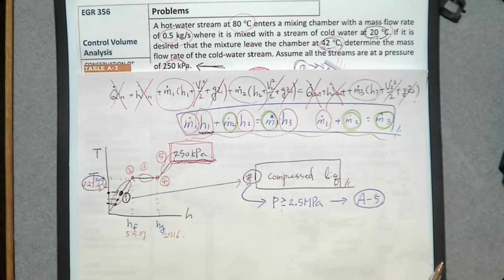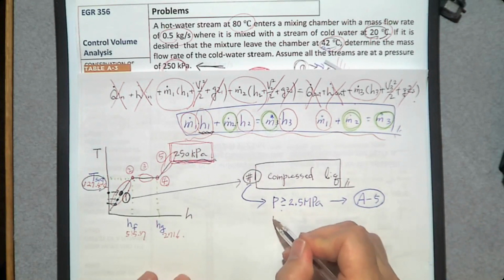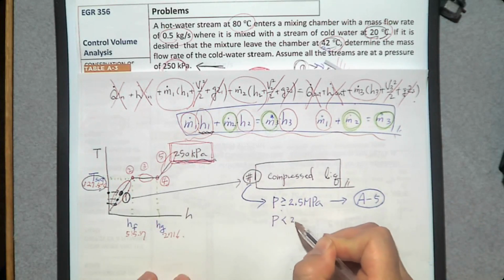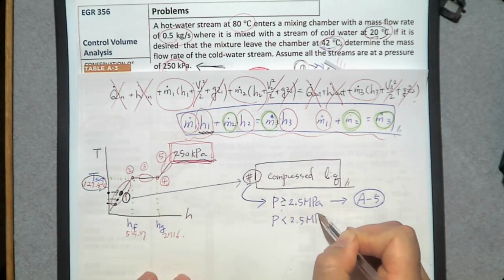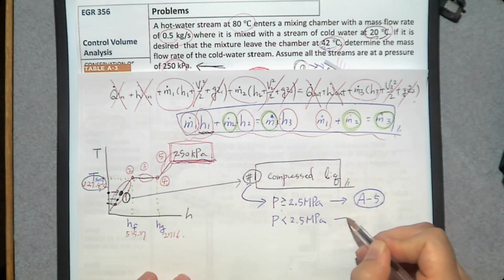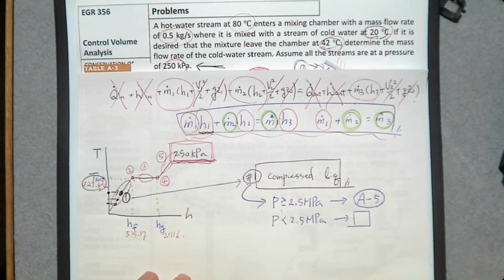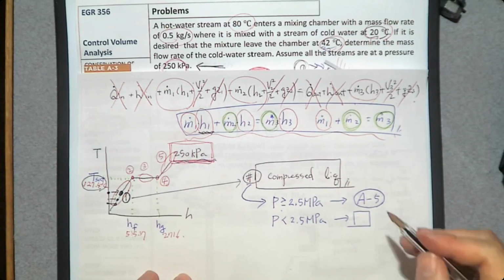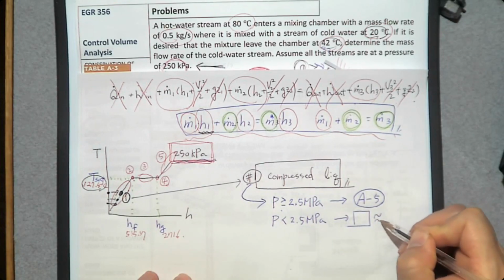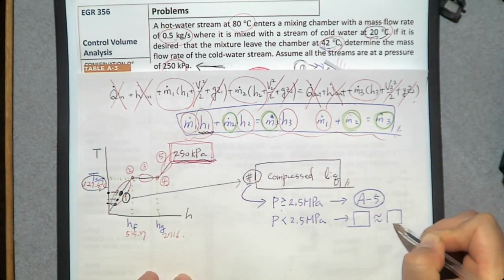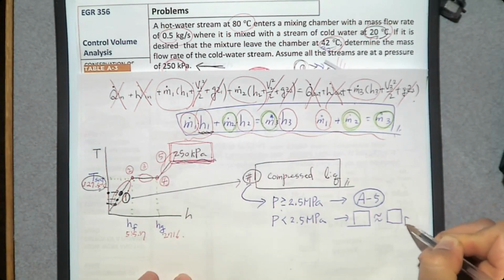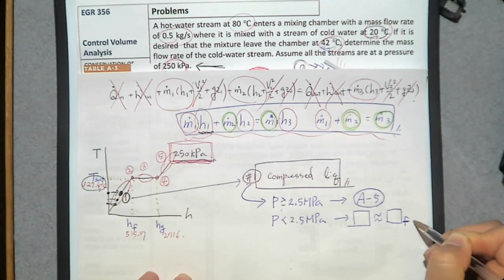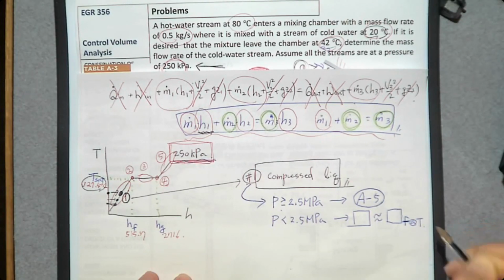But if the pressure is less than this value, then we assume that the properties of this compressed liquid can be approximated as the properties of saturated liquid at the same temperature. So the important thing is that it is at the same temperature, not the pressure.